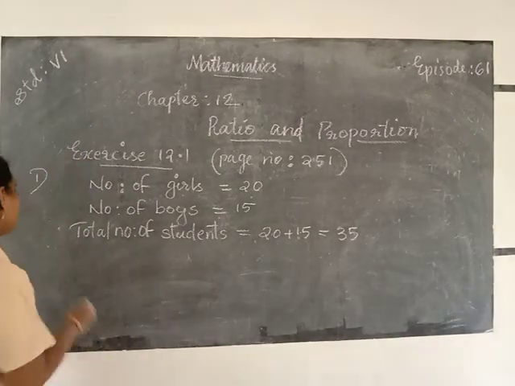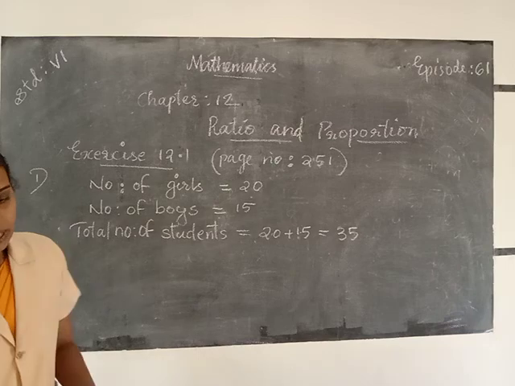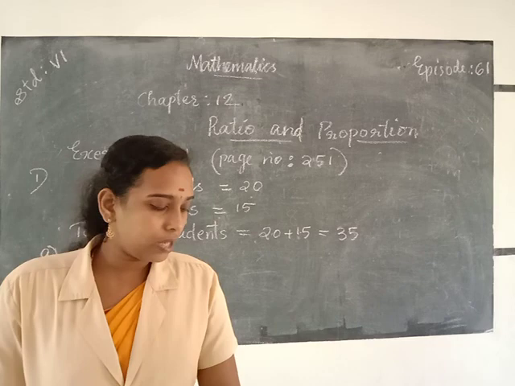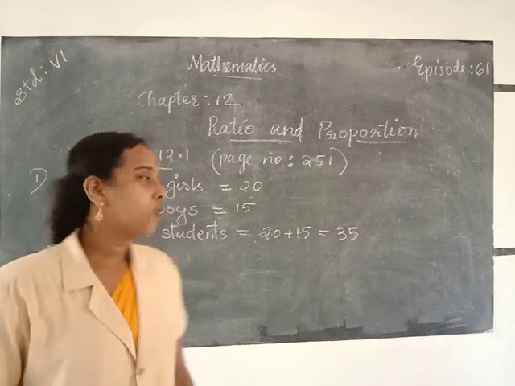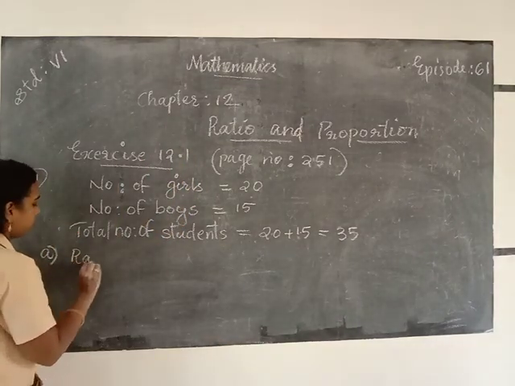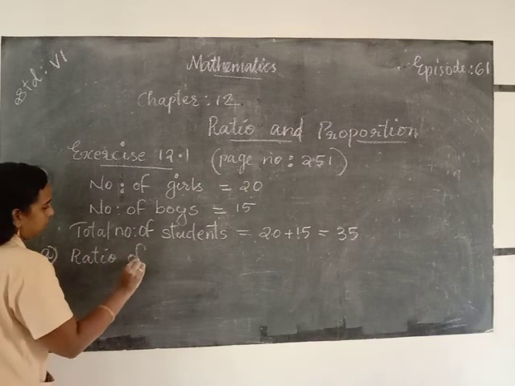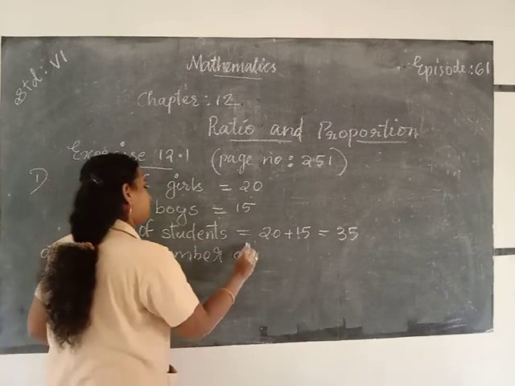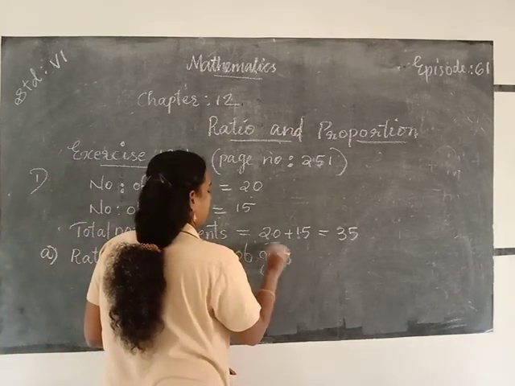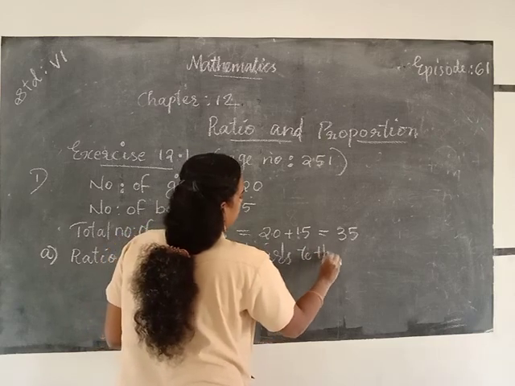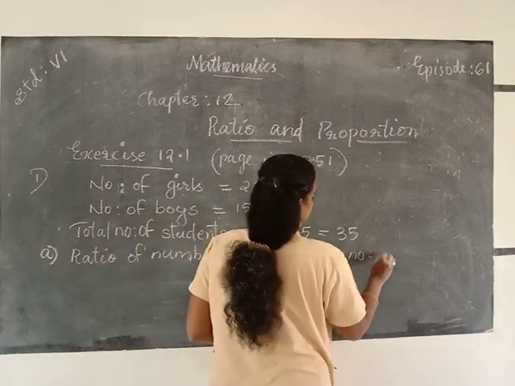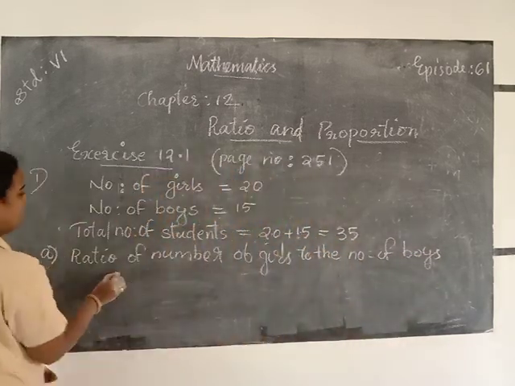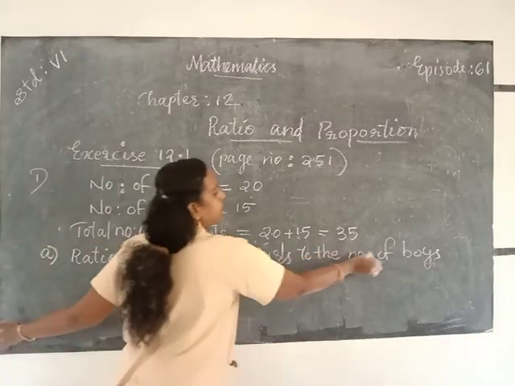Then the first question: what is the ratio of the number of girls to the number of boys? The ratio of number of girls to number of boys is equal to number of girls divided by number of boys.